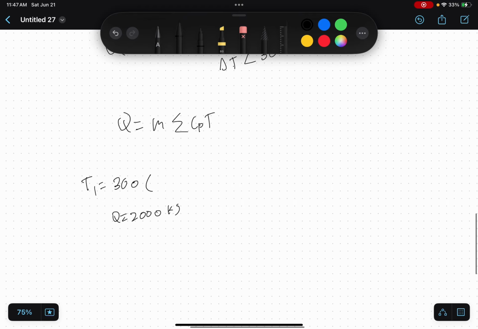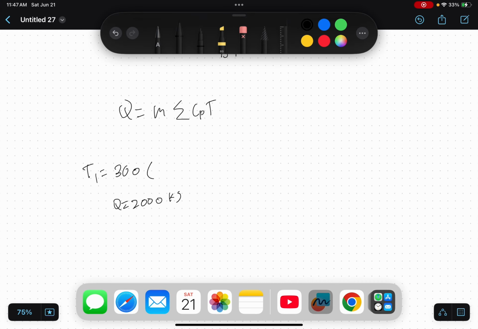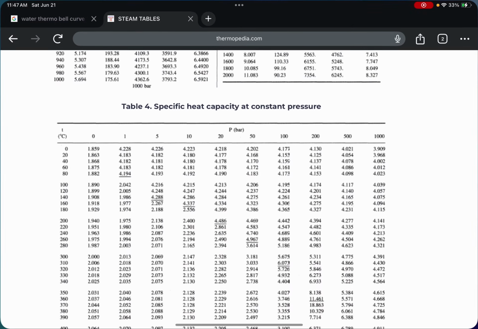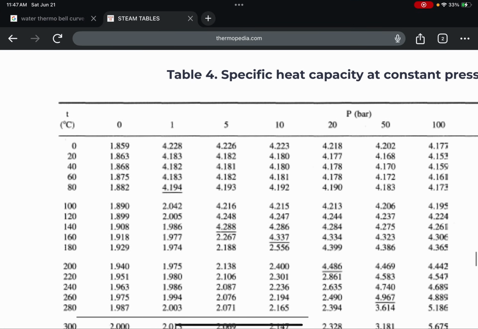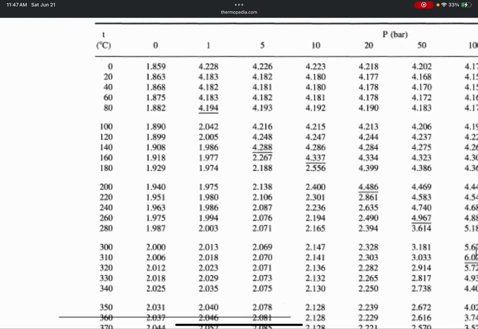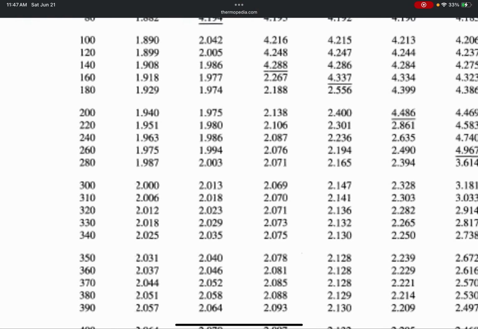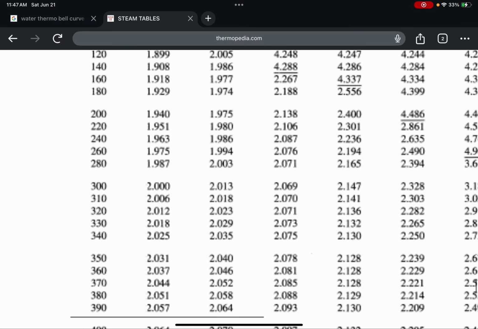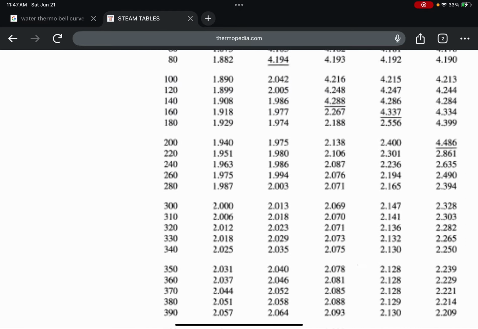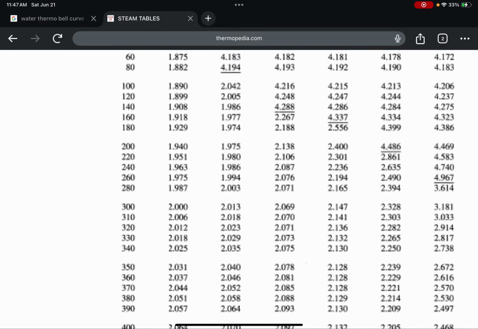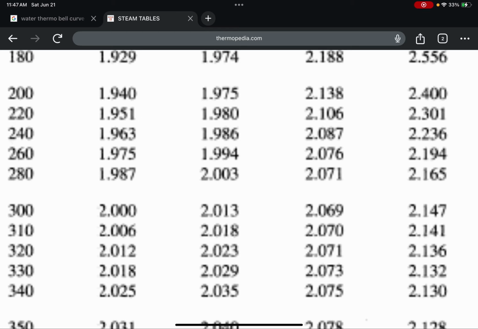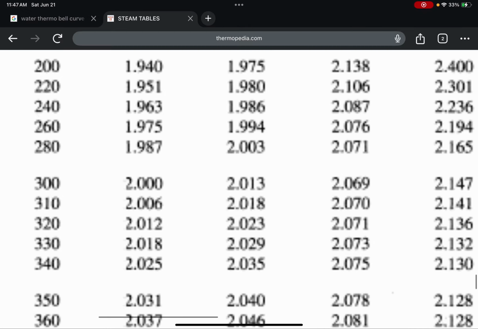So you would say, all right, to go from 300 to 301. Maybe you can't do that small of increments. You would have to go by 10 degrees. So from 300 to 310, you would use a Cp of 2.013, and now you're at 310 degrees.